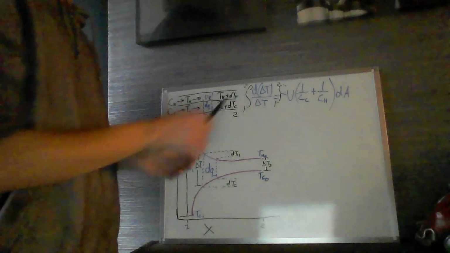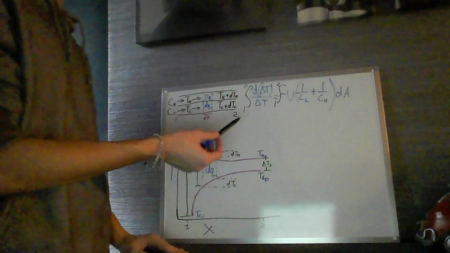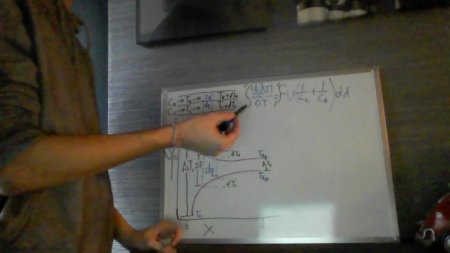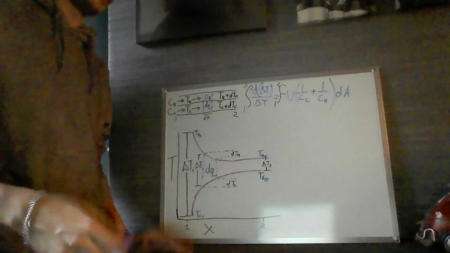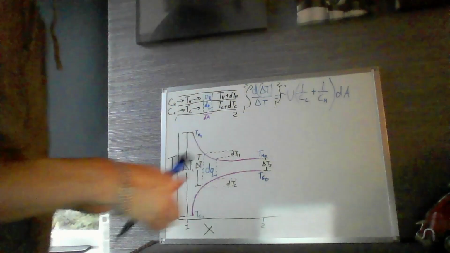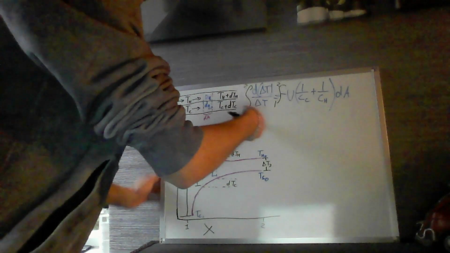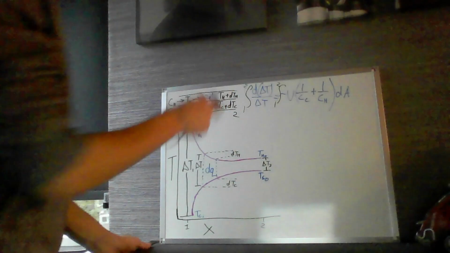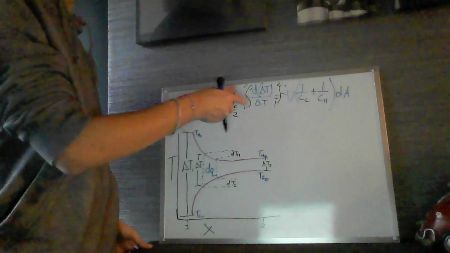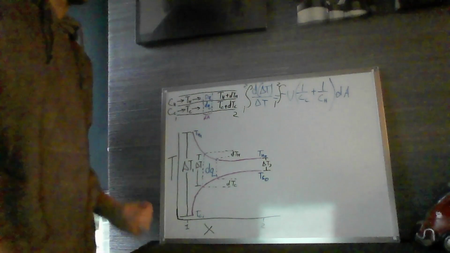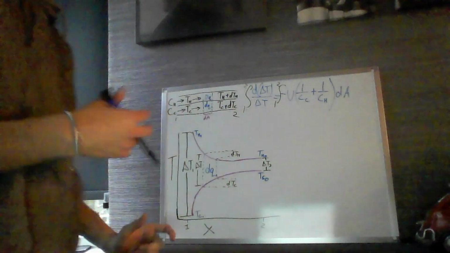So we'd have 1 over delta t, the derivative of that, is ln of that, basic calculus. And then we'd have ln of delta t2 minus ln of delta t1. Using logarithmic rules, we get ln of delta t2 over delta t1, right?